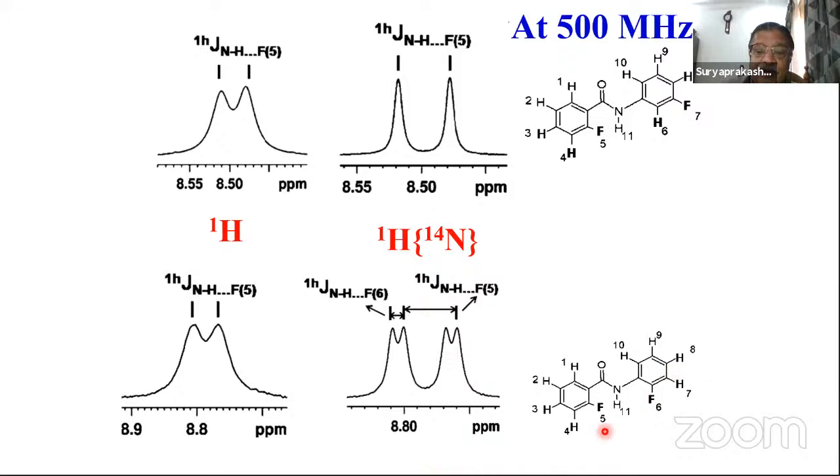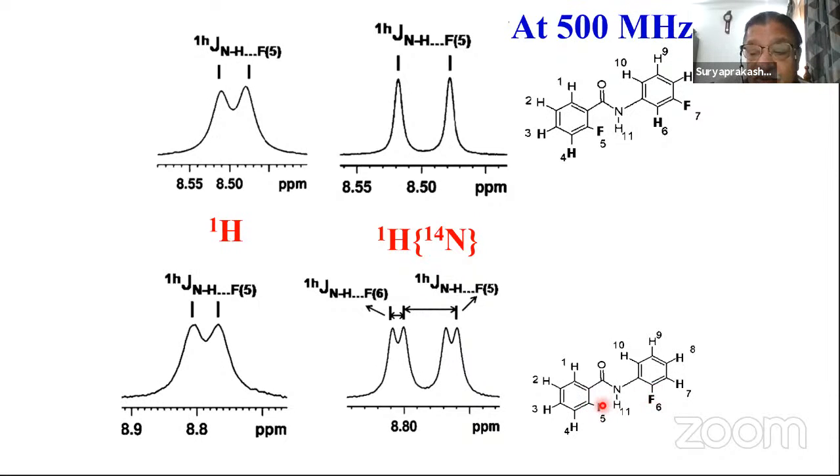When I took this molecule, now instead of doublet, I am going to get doublet of a doublet. What does it tell me? It tells me not only this fluorine is interacting, even this fluorine is also coupled to this NH proton, which was not possible to see in a one-dimensional simple spectrum. Because it is significantly broadened due to N14 coupling, there is a J coupling of the N14 with this proton in addition to this fluorine.